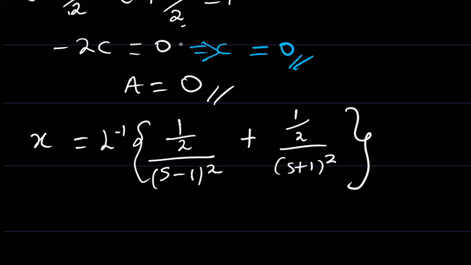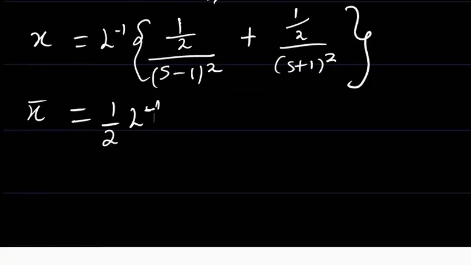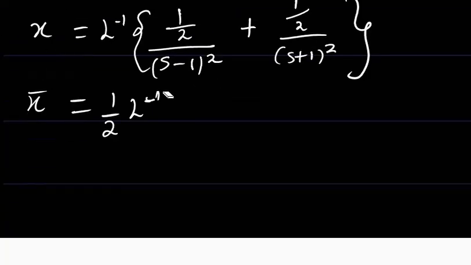So the question is, what is the inverse Laplace transform of these two expressions? Simple. This can be written as 1 all over 2 multiplied by the inverse Laplace transform of 1 all over (s minus 1) square.